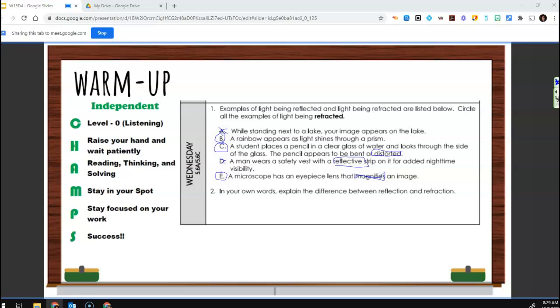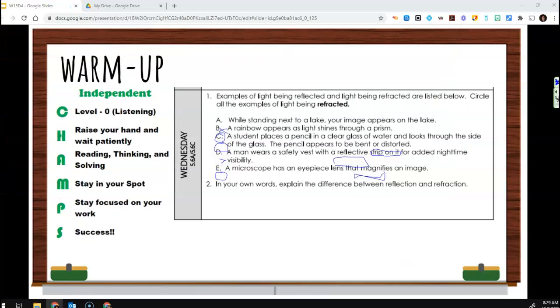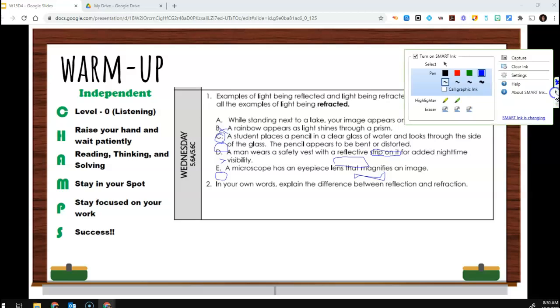Let me change what I'm presenting. There we go. It's moved all my drawings.